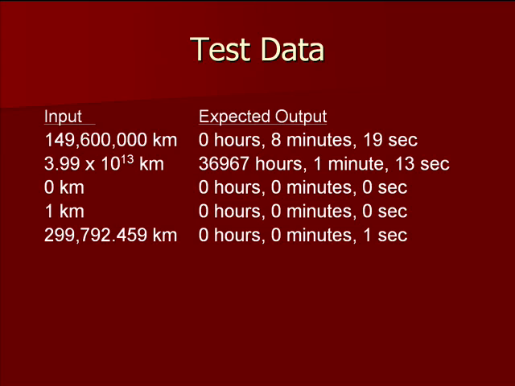So for example, I've tested a typical normal input, which would be something like 149,600,000 kilometers, which is the distance from the sun to the earth. But I've also included things like 0 and 1, and I've also included larger values, say on the other end of the range, like 3.9 times 10 to the 13th kilometers. You could go even farther and put down test data for incorrect input, but I haven't done that in this case.